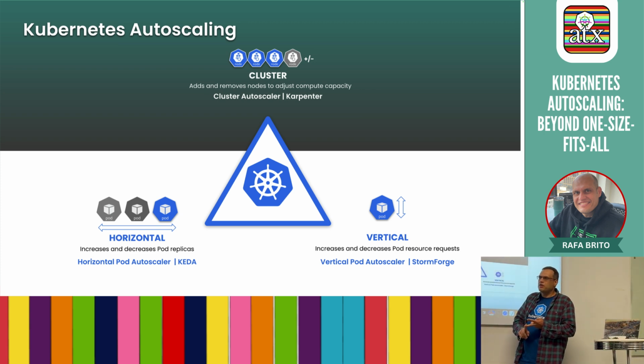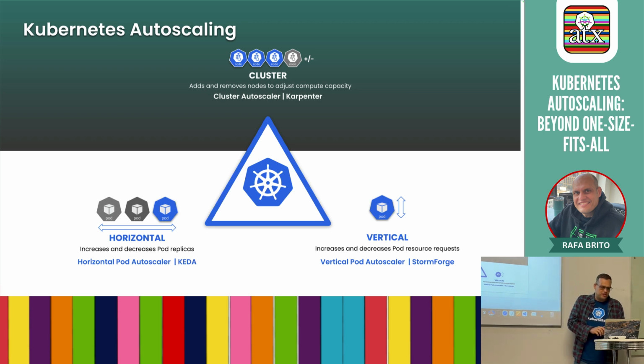I did a talk on Karpenter with Lucas back in February, and a webinar as well, and I'm a big fan of both, cluster autoscaling and Karpenter. Last, we're going to talk about horizontal pod scaling, when you create replicas, and vertical pod scaling.